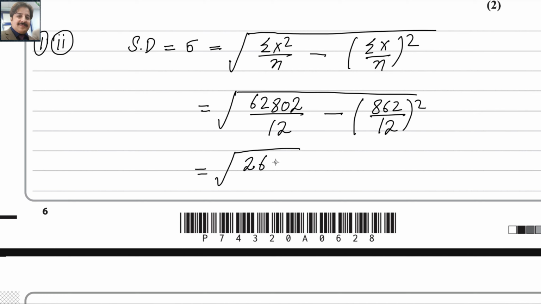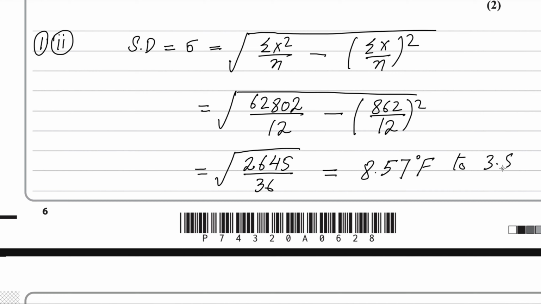If you solve this using a calculator, you will get this under the square root, 36. Our answer to three significant figures will be 8.57 degrees Fahrenheit. So this is the answer as required. The second part is done.